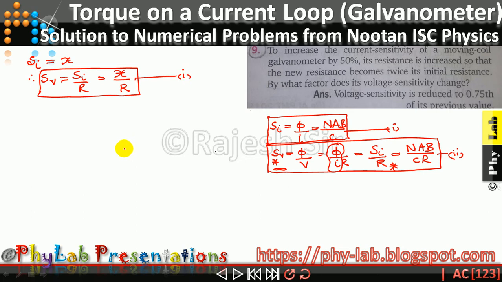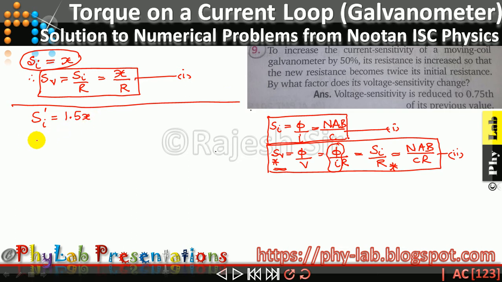Now the numerical further says that the current sensitivity of this galvanometer is increased by 50%. The initial current sensitivity is X, so to increase it by 50%, the new current sensitivity will be 1.5 times X. Then I have to increase the resistance of the galvanometer to double the initial value.